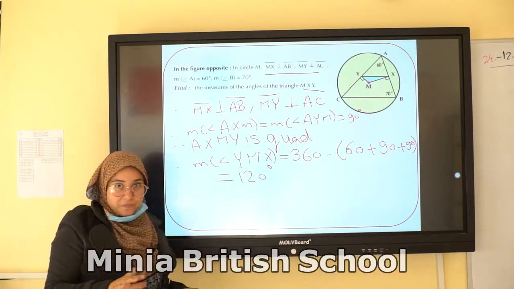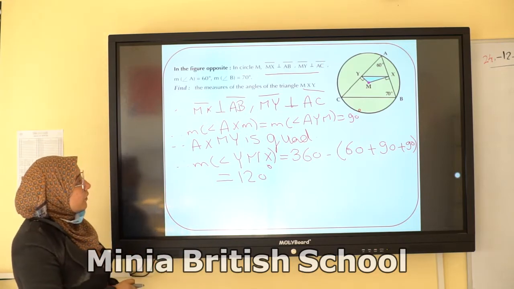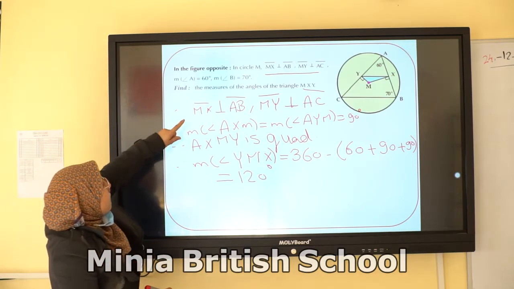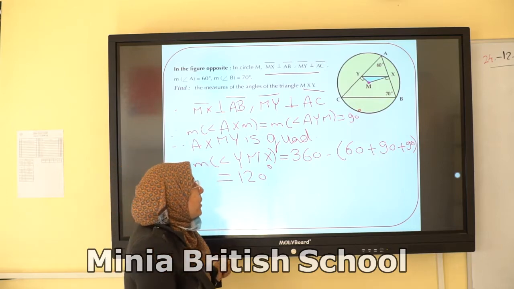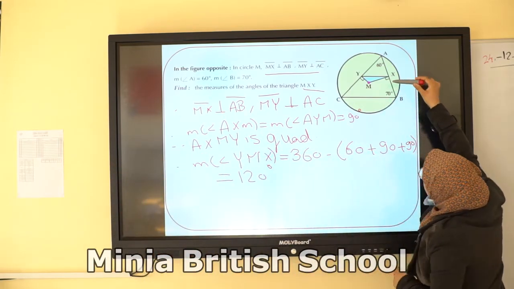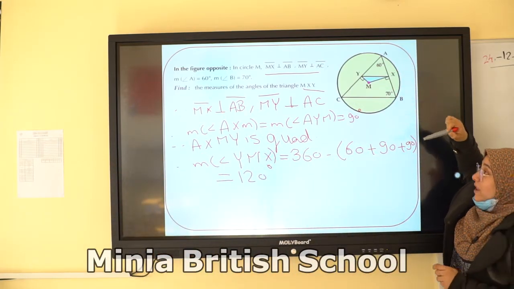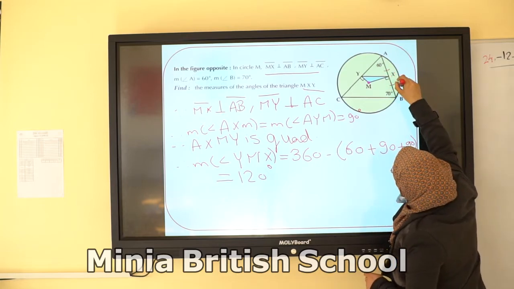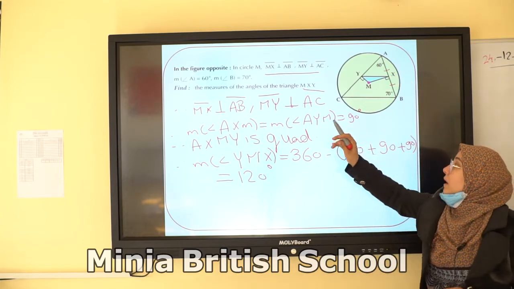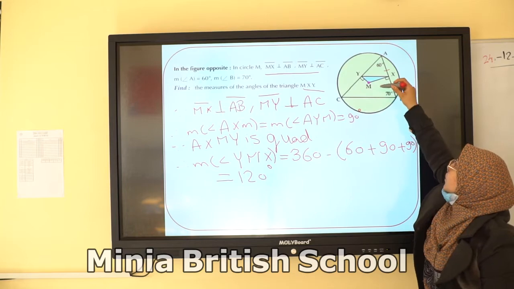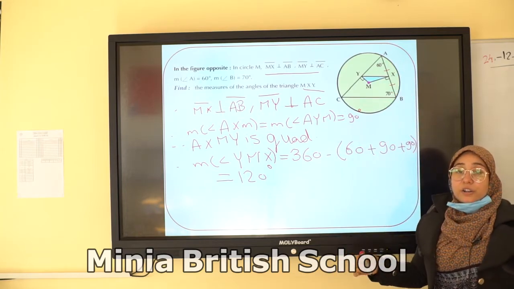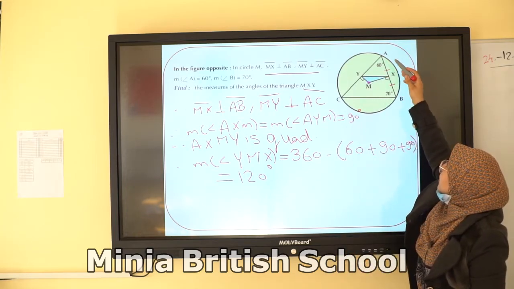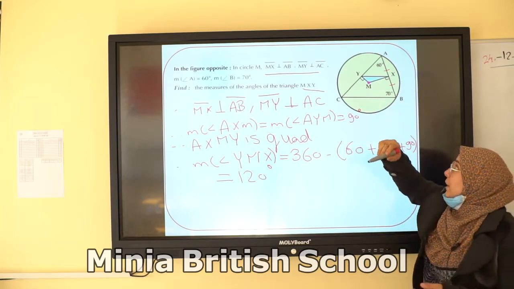120 degrees. Now, since MX is perpendicular to AB, therefore X is the midpoint of AB. And since MY is perpendicular to AC, therefore Y is the midpoint of AC.